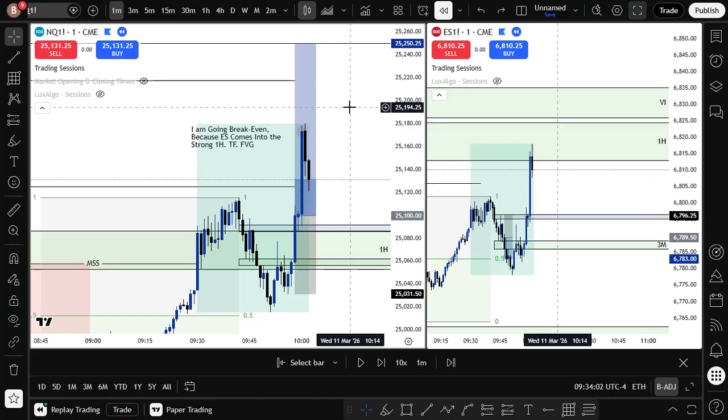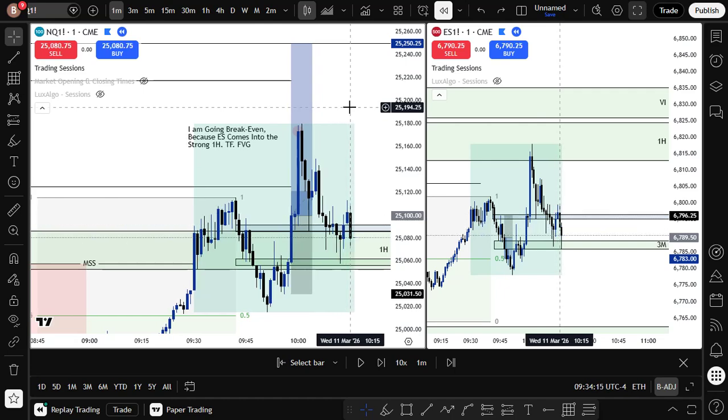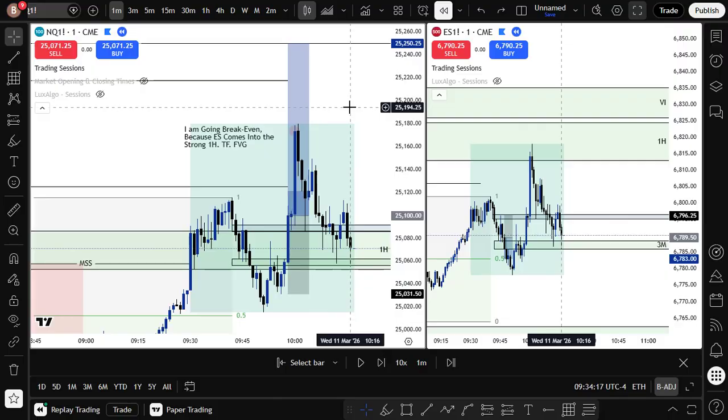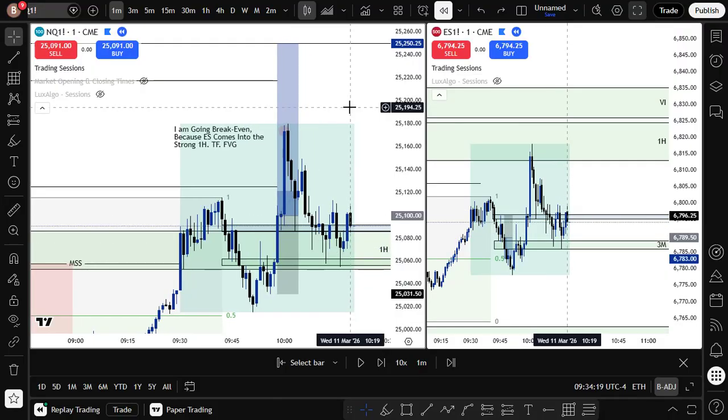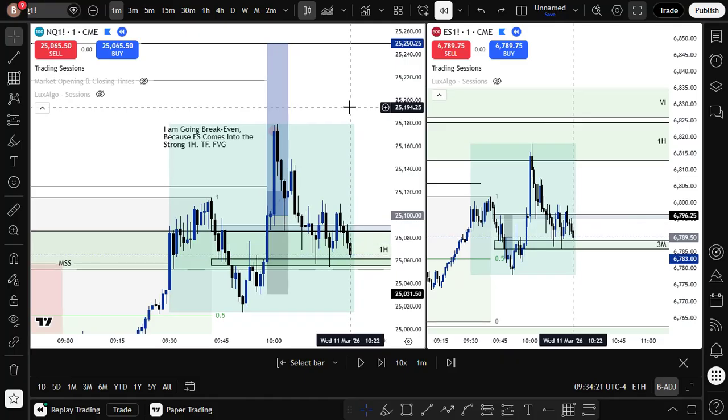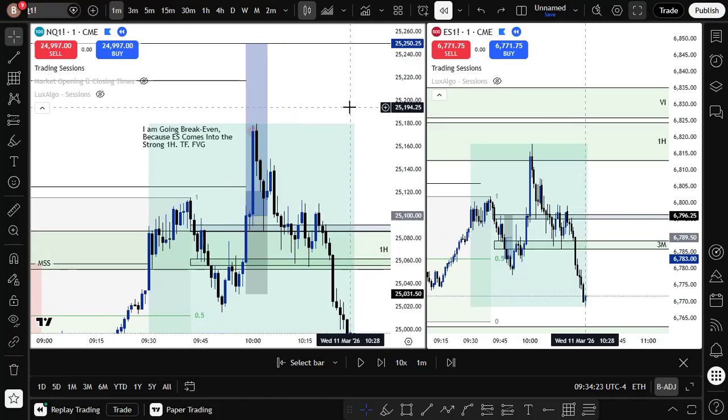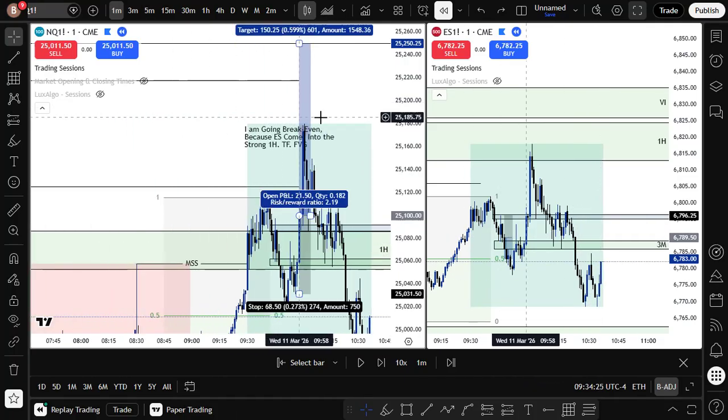Okay, price displaces lower, and I'm stopped at break even. Let's see if price will go higher because most of the time it does. Okay, price comes back into this hourly on Nasdaq. Price retests this 3 minute fair value gap, and here we go.